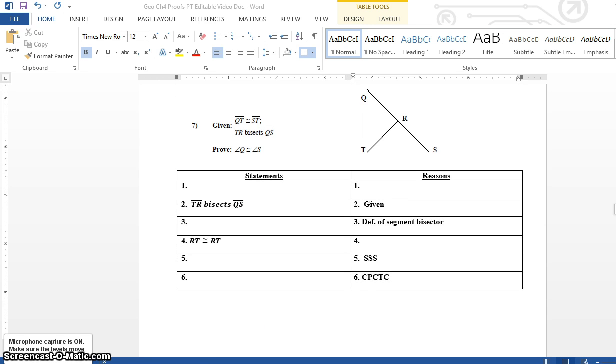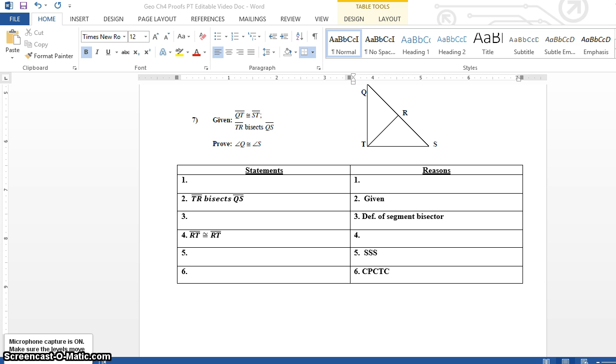Let's move on to number 7. Same idea, I'm going to fill this out backwards again. If we're looking at this, CPCTC, that means we're proving this last part, most definitely.